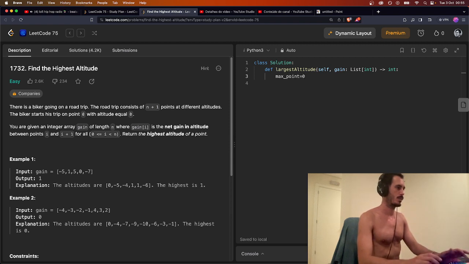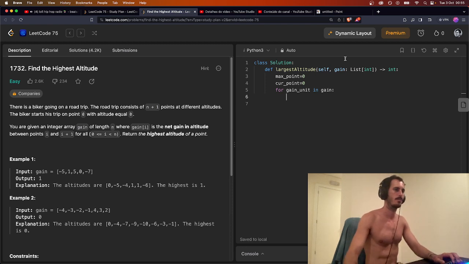So we just start with 0 because that's the point where it starts, and current point equals 0, and for gain unit in gain, should be gains, I guess, for gain in gains, but here it is.